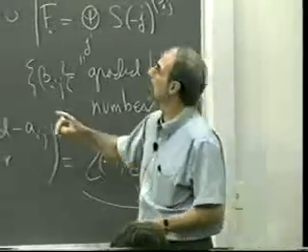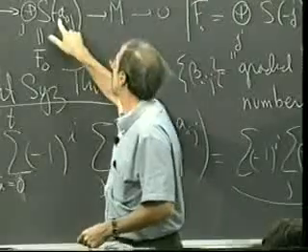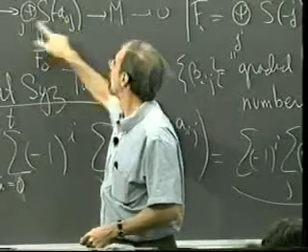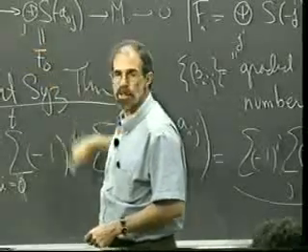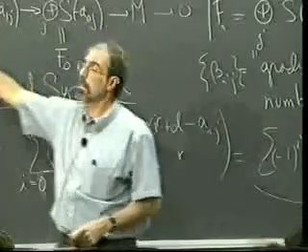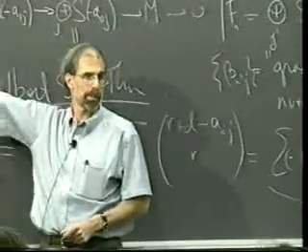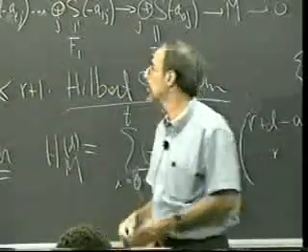But it is the case that if I always choose a minimal set of generators for m corresponding to these numbers, a minimal set of generators for the kernel corresponding to these, then the beta ij's are uniquely defined, and in fact, the resolution itself is unique up to isomorphism. Any two of these with the same minimality property would be unique.